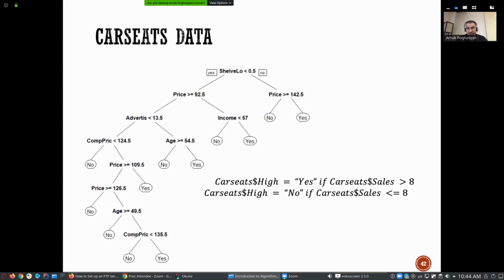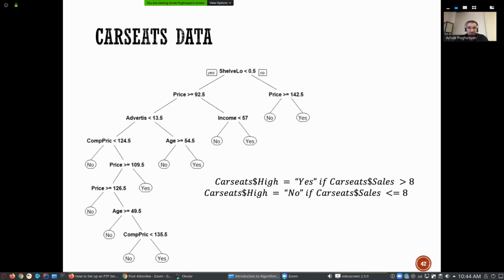When we have yes, this is high sales, bigger than 8. If no, then this is lower sales. By this transformation, we are getting a categorical variable and trying to predict it into yes and no.